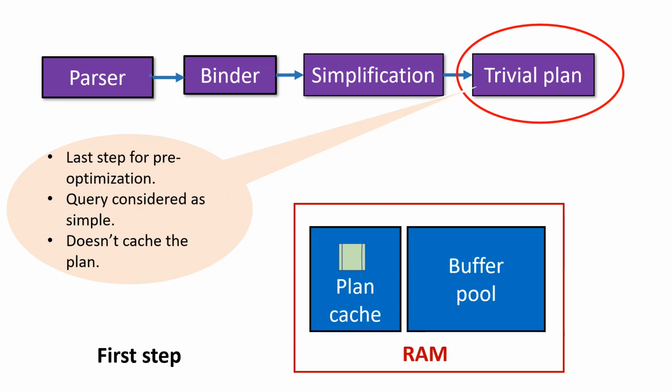Now, what SQL Server thinks is, this is such an easy query for me. Why should I even go ahead and update the parse tree that the previous component has built? And why should I even update that parse tree inside the plan cache? Let me go ahead and discard that parse tree which the other component has built, and let me create the trivial plan on the fly, because it doesn't cost much.